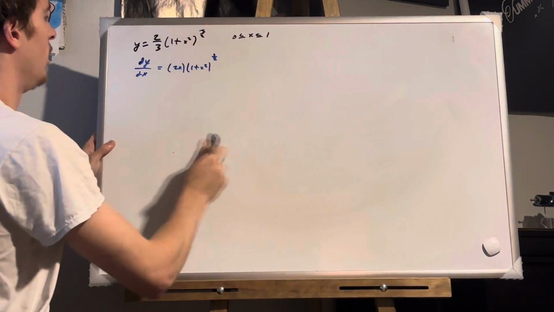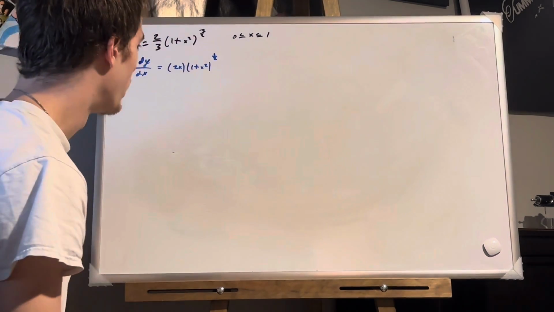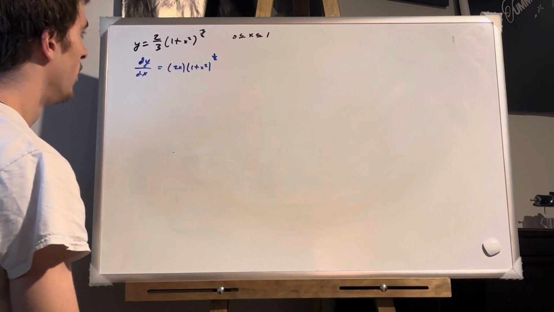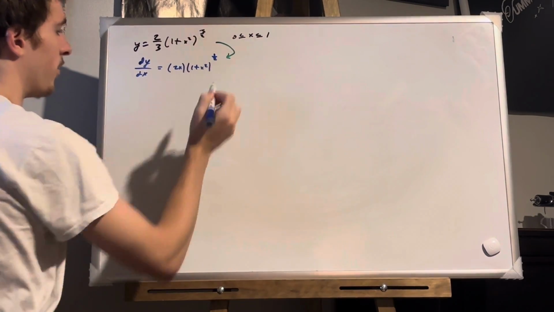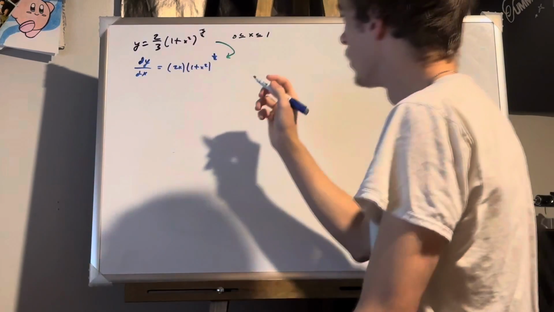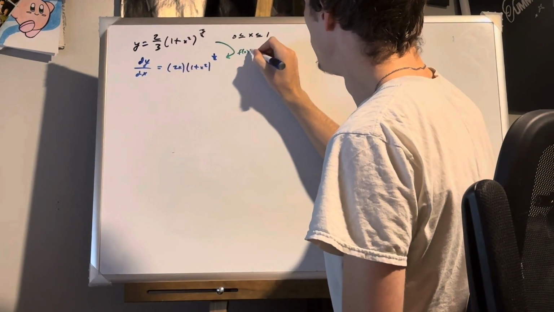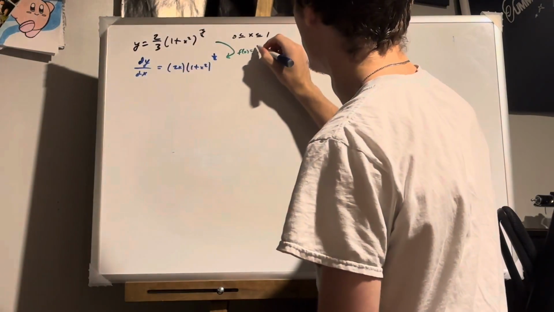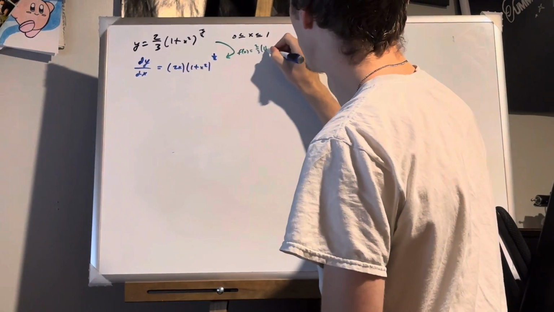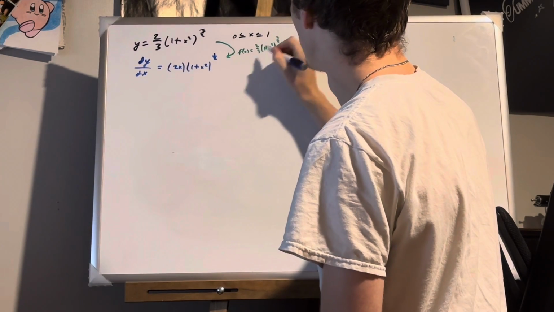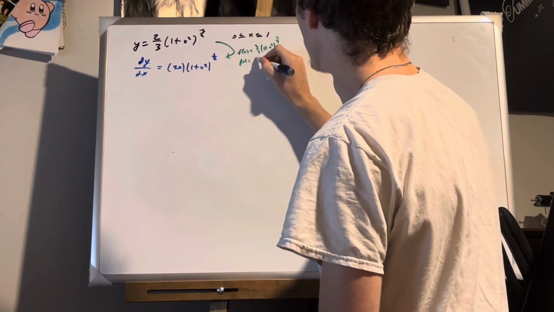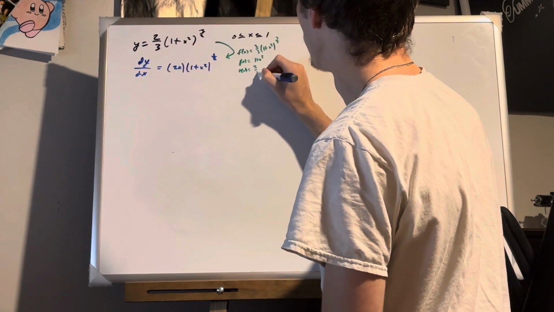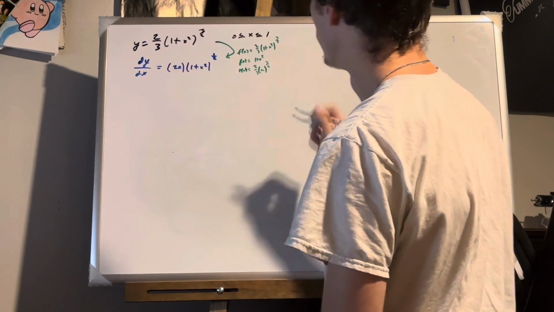Now, I don't even do that a lot of the time. I actually write out my chain rule. So if you guys want to see that, it pretty much just looks like this. If our big function is the whole thing, our inside function is 1 plus x squared. So our f of u is 2/3 times u to the power of 3 over 2.